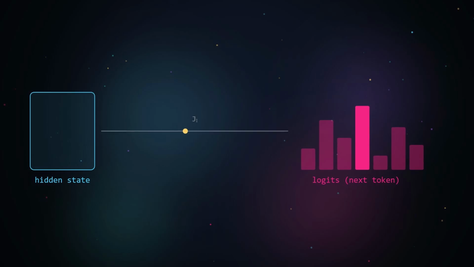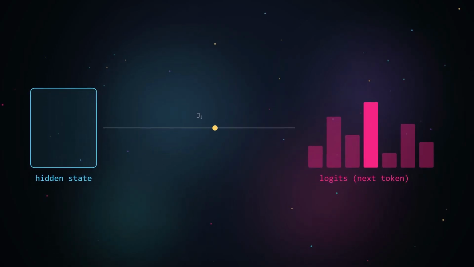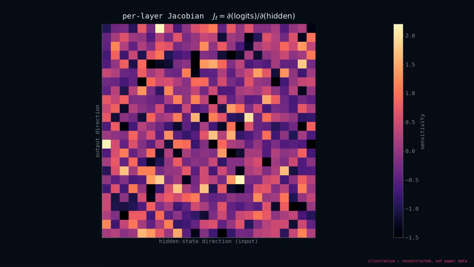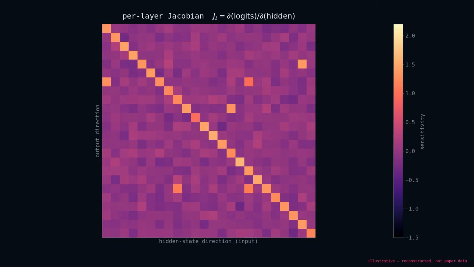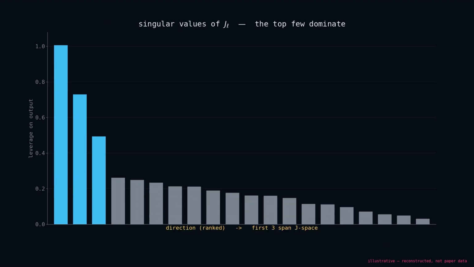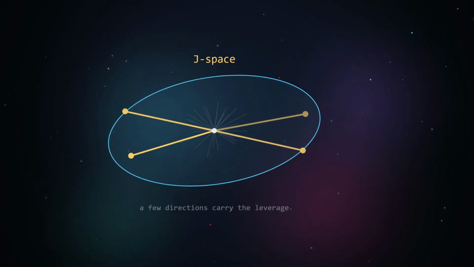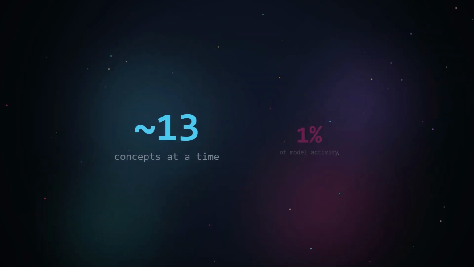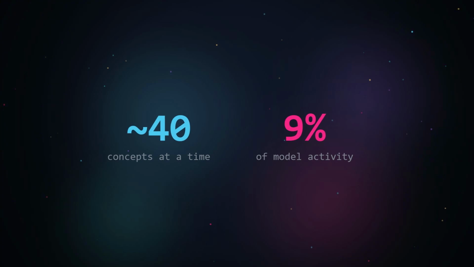One averaged Jacobian per layer carries a hidden activation into the model's output space. Concretely, it's a matrix reading how each direction in the hidden state pushes on the output. Keep only its strongest directions, the top singular values. Those few high leverage directions span what Anthropic calls J-space, a small internal workspace, a few dozen concepts at a time.